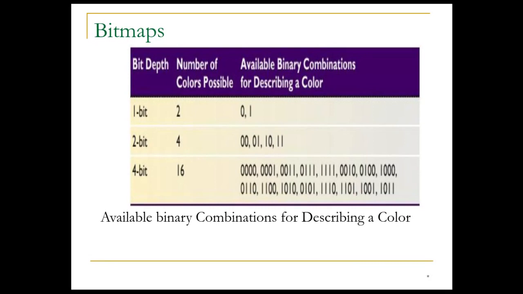And originally, the computers could only show two colors, just black or white. Now, if your system is meant to show only two colors, and of course it can be any other color, as long as there are two colors, then you need only one bit to code your point.